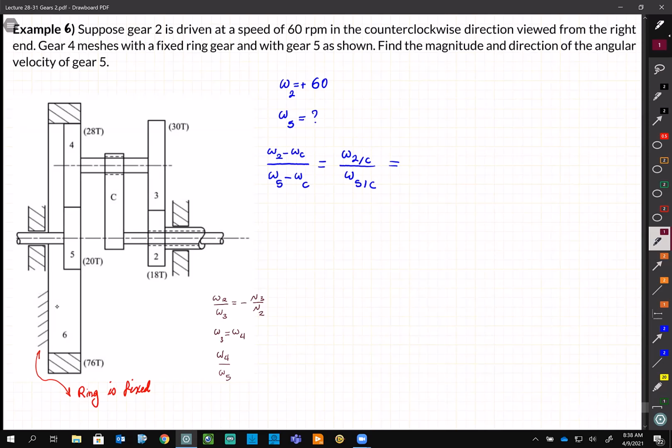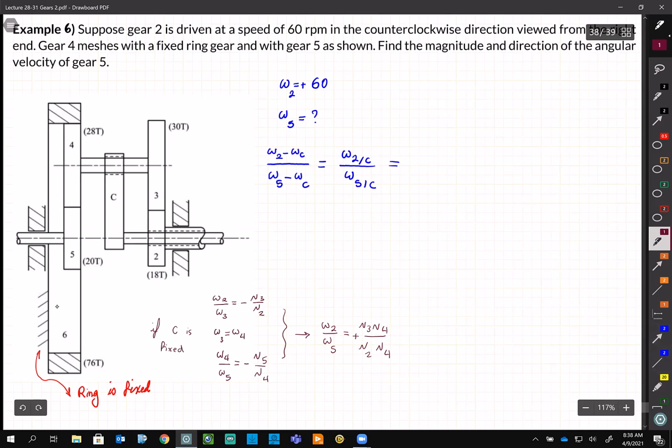But we don't care about it now because we just need to get to 5, and it is n5 divided by n4. So from here, I will get omega 2, omega 5, n3, n5, n2, n4, and it is positive, right? So this is if C is fixed.